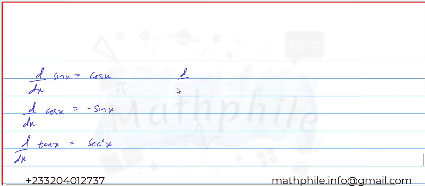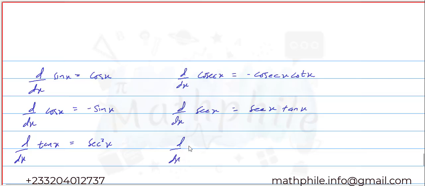Then if you differentiate cosec x, you get negative cosec x cot x. Then if you differentiate sec x, you get sec x tan x. And if you differentiate cot x, you get negative cosec squared x. So this is just a recap from differentiation.